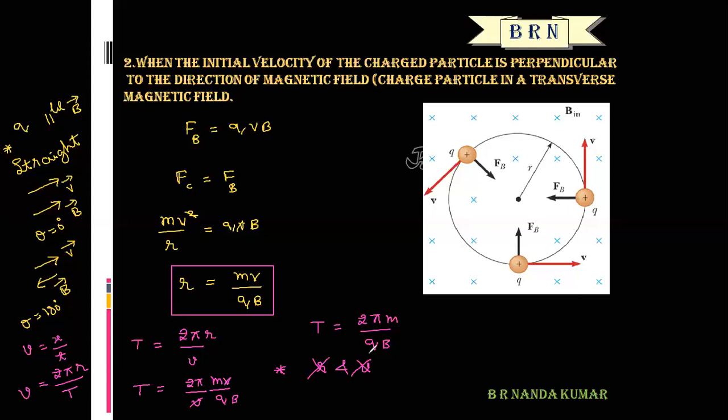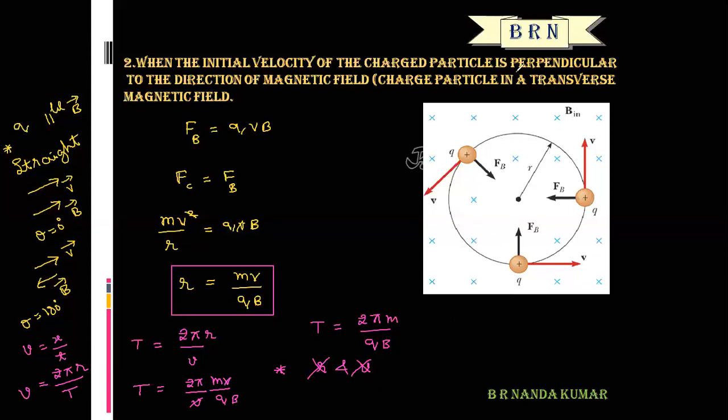That means the time taken by a charged particle to complete one rotation in the presence of a perpendicular magnetic field is the same in a very small circle and in a very large circle, because the time period does not depend on the radius or the speed.